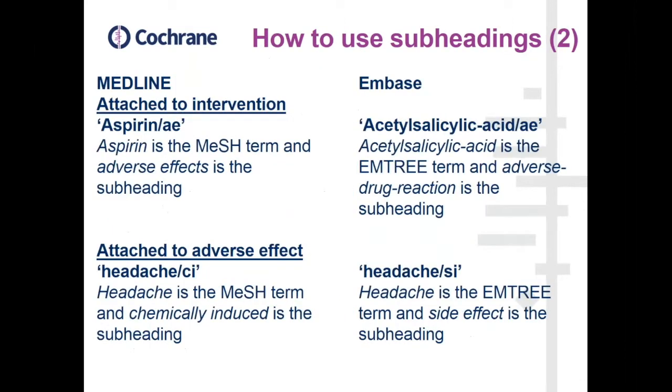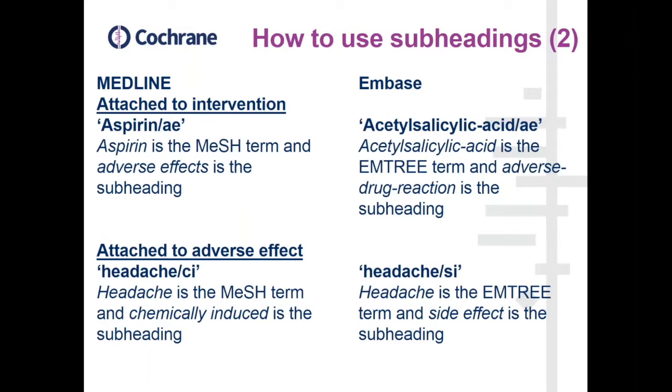The other way in which to use subheadings is to attach them to an actual indexing term. This could be the intervention itself. So, for example, aspirin /AE searches for the MeSH term aspirin with the subheading adverse effects attached.